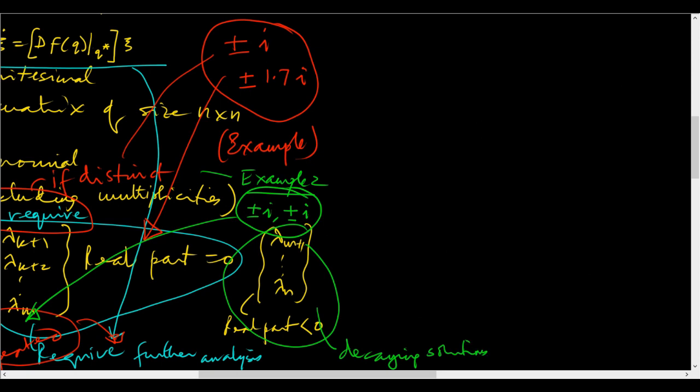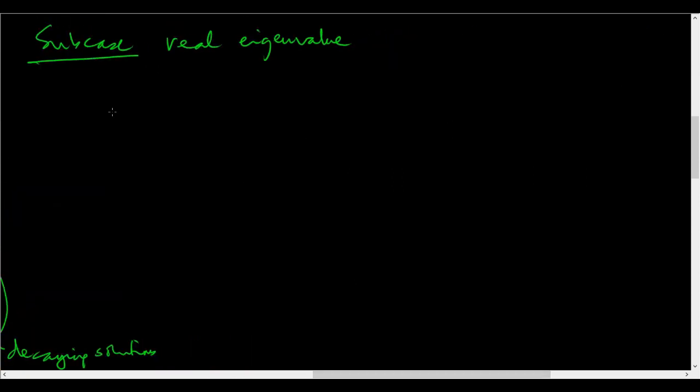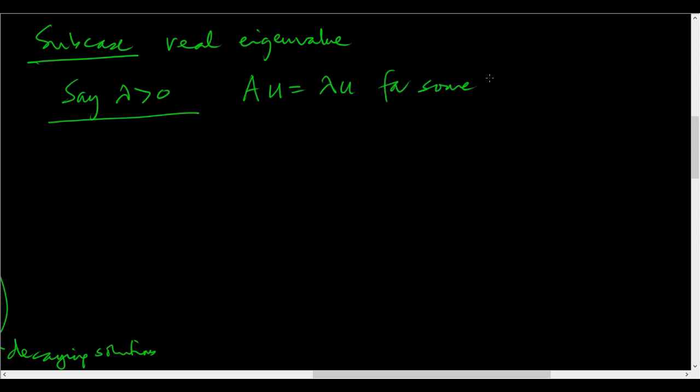Now let's consider a subcase, real eigenvalue. So when we have a real eigenvalue, say lambda greater than 0, A u is equal to lambda u for some u, then in the space of q, well, this actually goes all directions.